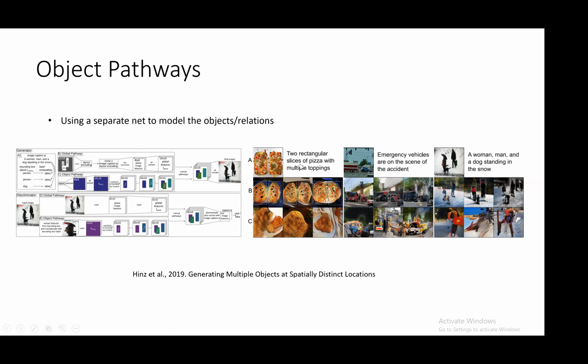Like for the first example, the description said two regularly sliced pizzas with multiple toppings. Actually, this is the real image, the second one is generated by the Object Pathway GAN, and the third is by AttnGAN. You can see the Object Pathway GAN can generate the two pizzas with some toppings, which is very good.